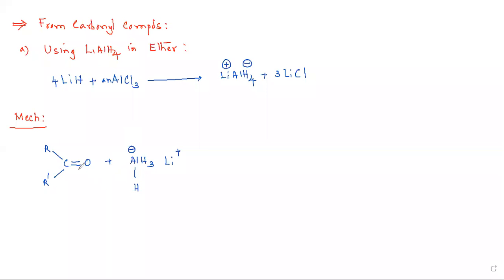In this case, because oxygen is more electronegative, it gets a negative charge. Carbon gets a positive charge. Now it's negative to positive, negative to positive.